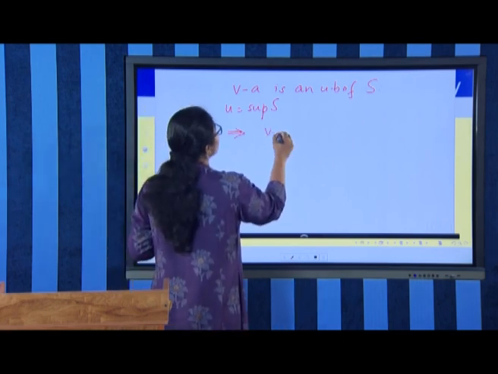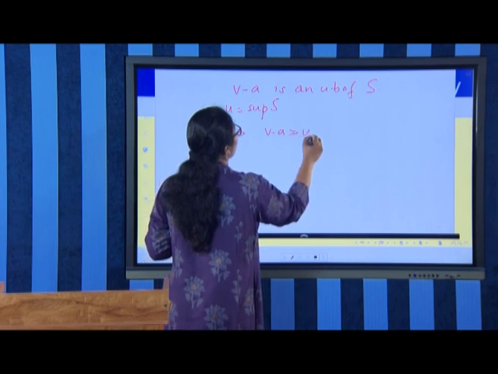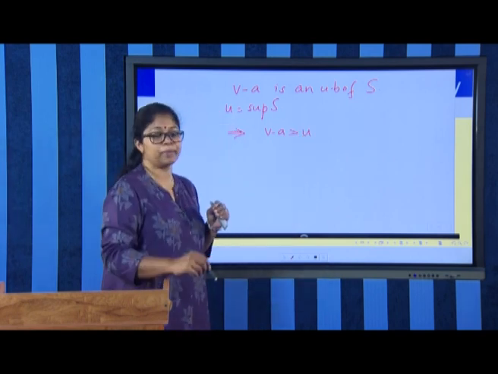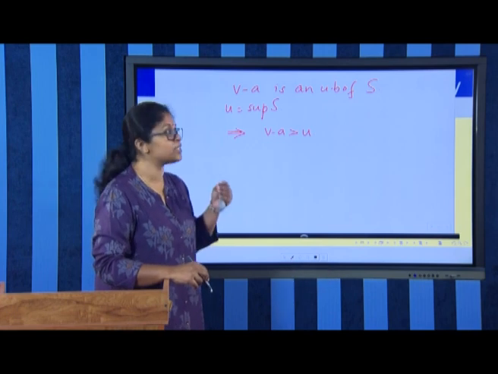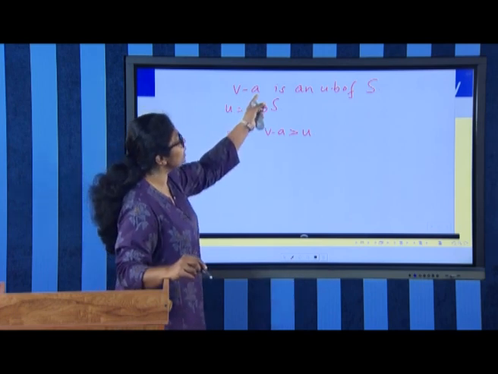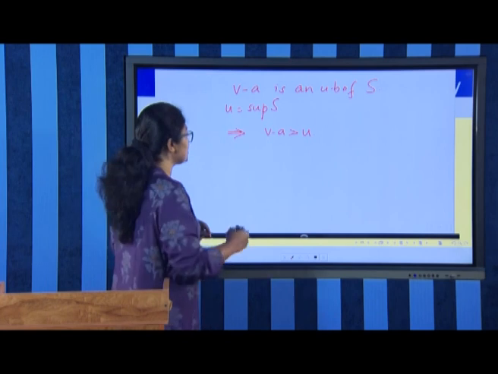So, V minus A is definitely greater than or equal to U. Why? Because U is the least of all upper bounds, and we have just now shown that V minus A is an upper bound of the set S.